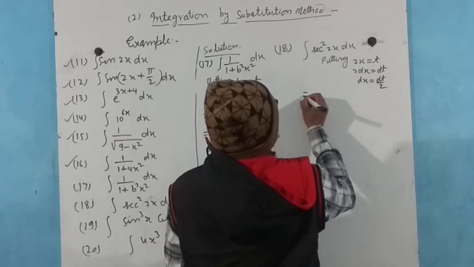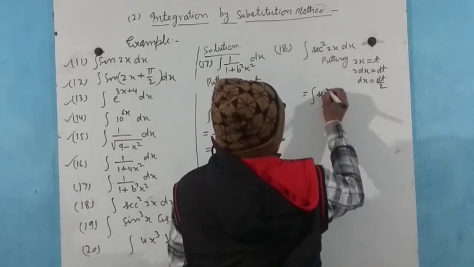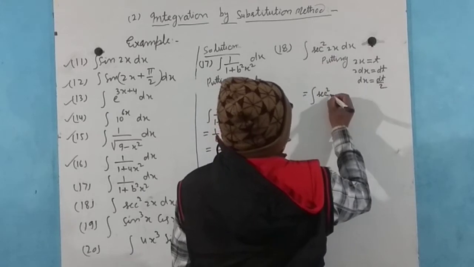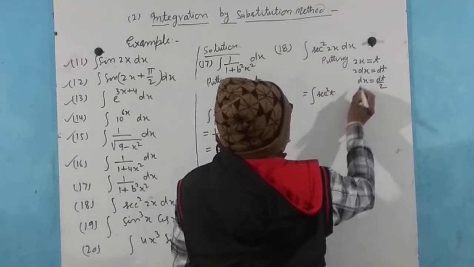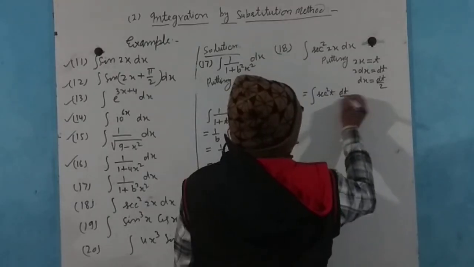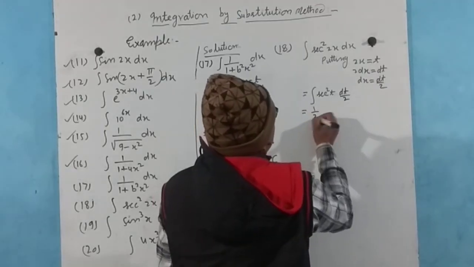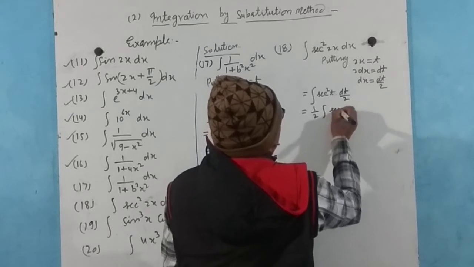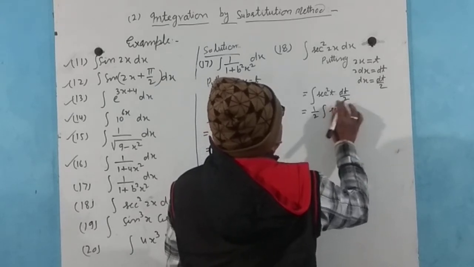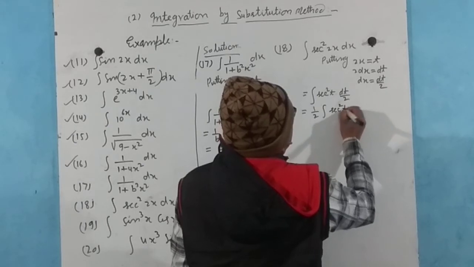In this case, integration of sec square 2x becomes sec square t, and dx equal to dt by 2. Here it means 1 by 2 integration of sec square t dt.